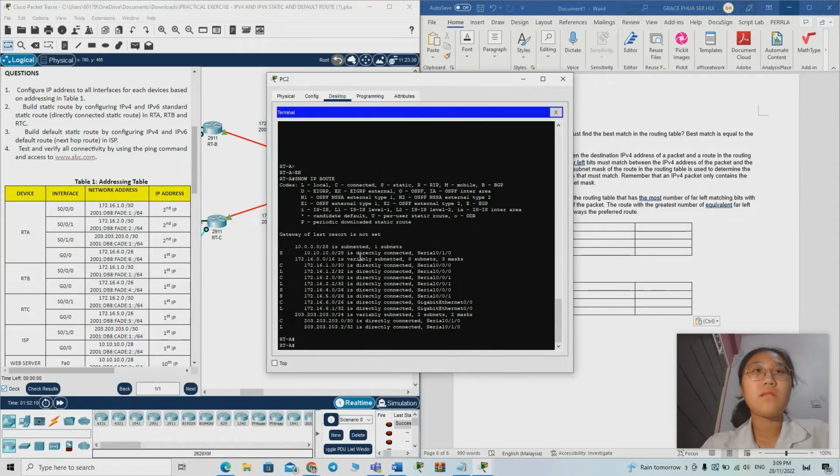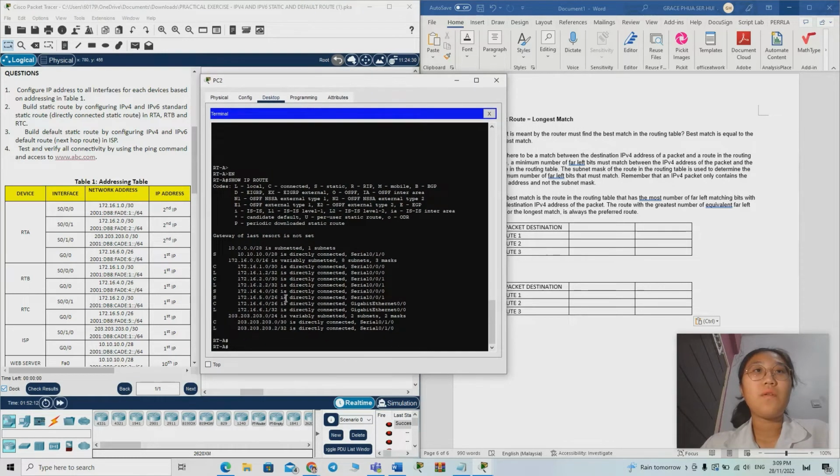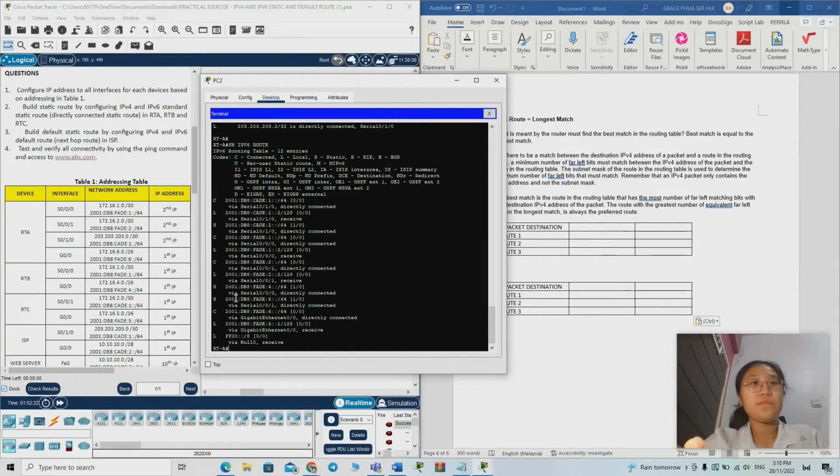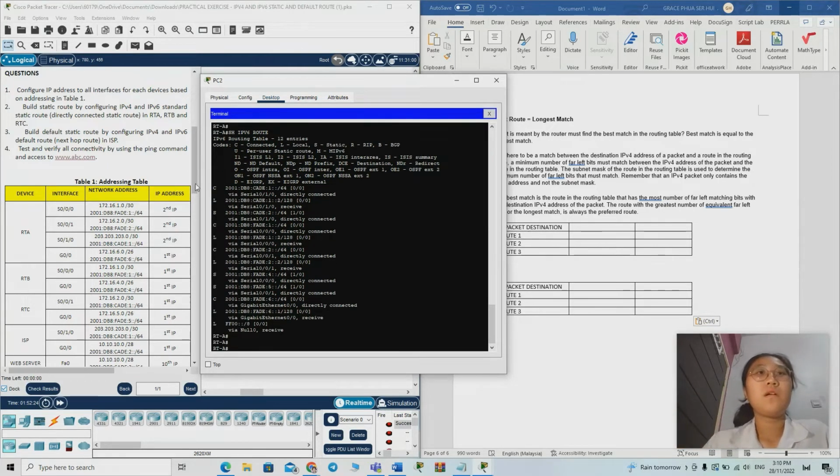and this is for IPv4. And show ipv6 route. So still the same for IPv6.